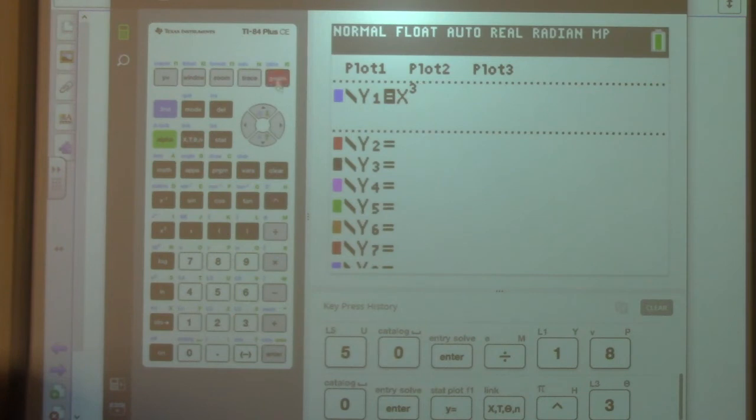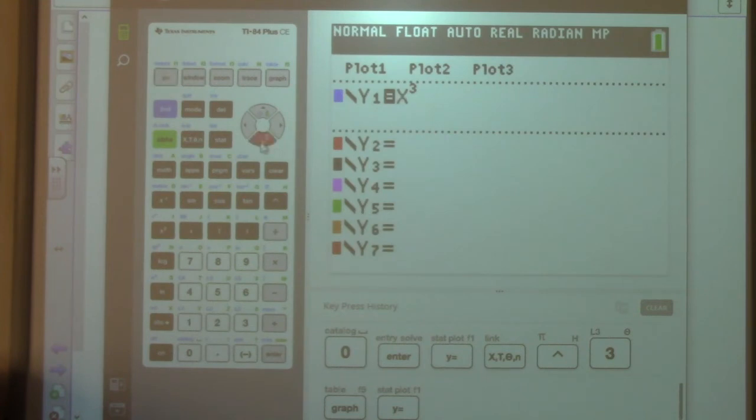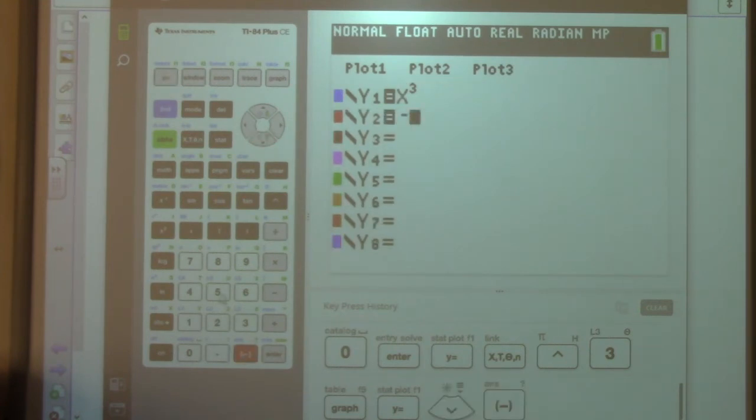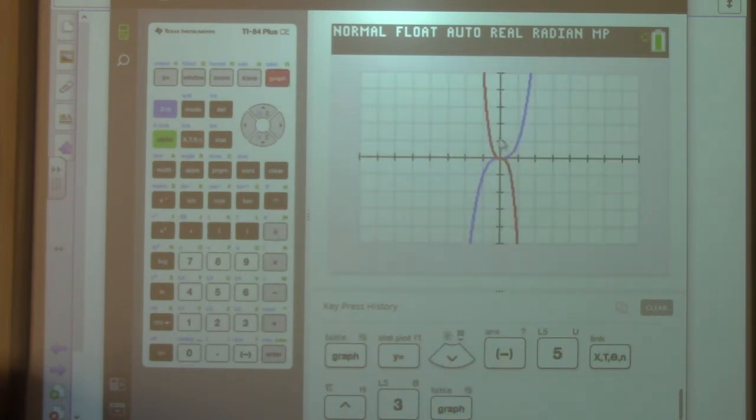Here is this one right here. Then when you take negative 5 x cubed, you take that same function and it's going to vertically stretch. Now it doesn't look like it's stretched that much, but can you see it's a little bit skinnier looking? Doesn't open as wide, opens narrowly.